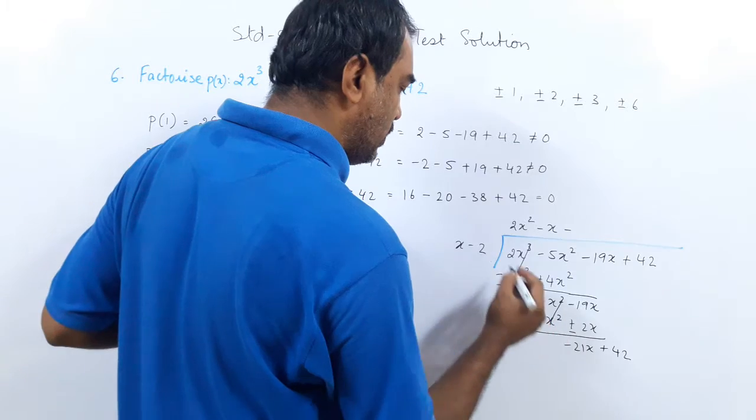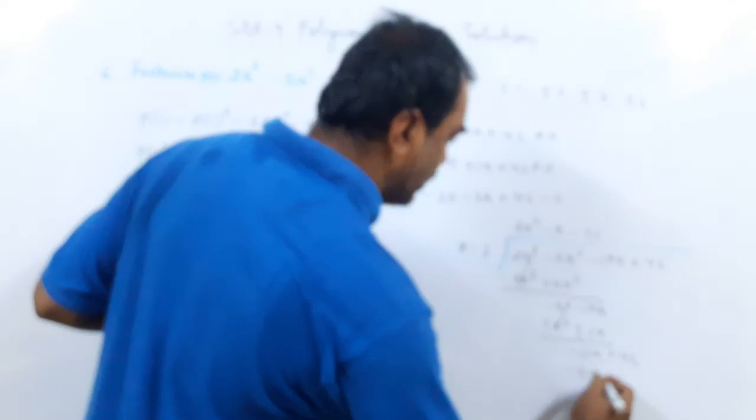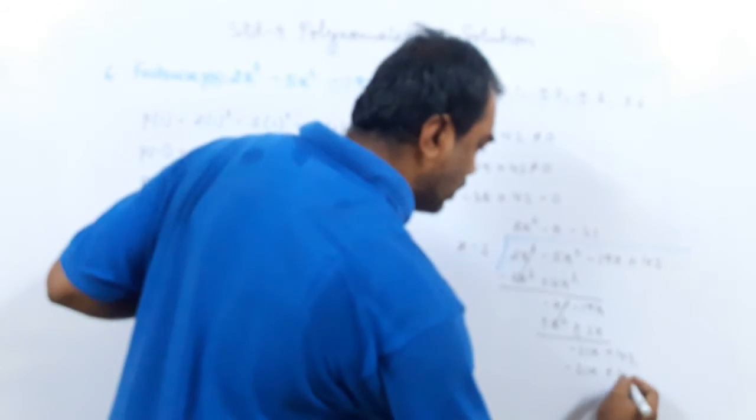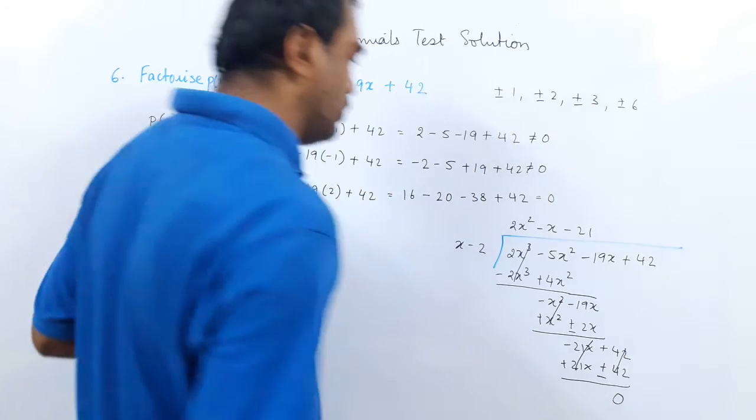By multiplying with minus 21, I get minus 21x, minus 2 into minus 21 is plus 42. Signs change. And we get a 0.